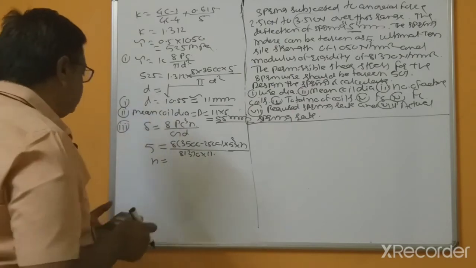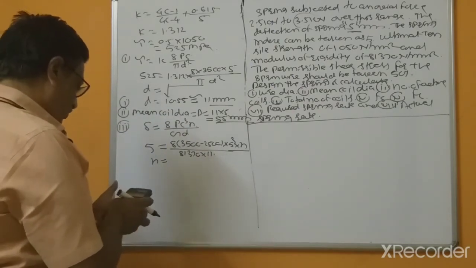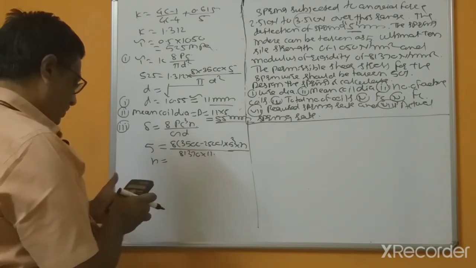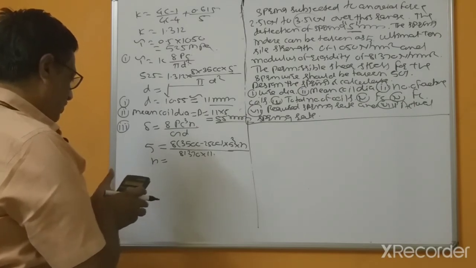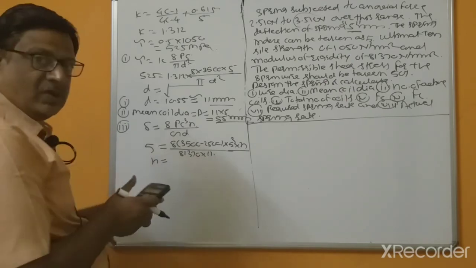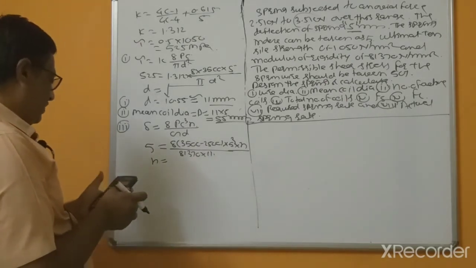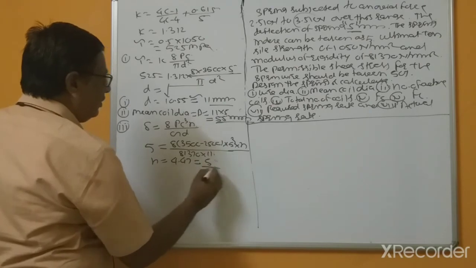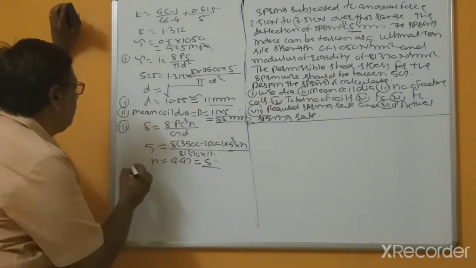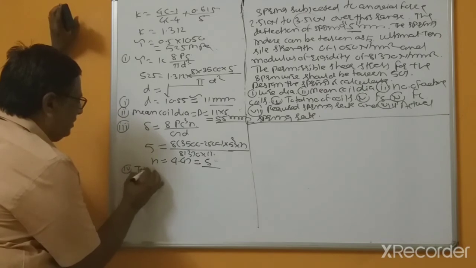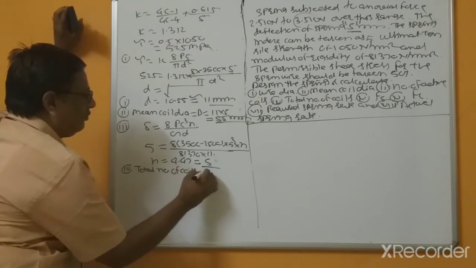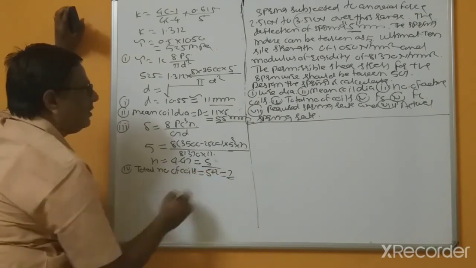N equal to 5 into 81370 multiplied by 11 divided by 8 divided by 1000 divided by 5 cube. This is equal to 4.47, means this is 5 number of active coils. Total number of coils equal to 5 plus 2, this is 7.